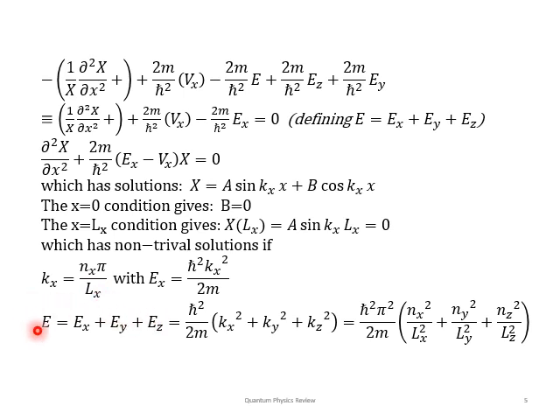And when we put that all together, to find the total energy for the problem, we find that the total energy is equal to h bar squared pi squared over 2m times the sum of the squares of the energies that come out of each of the specific directions.